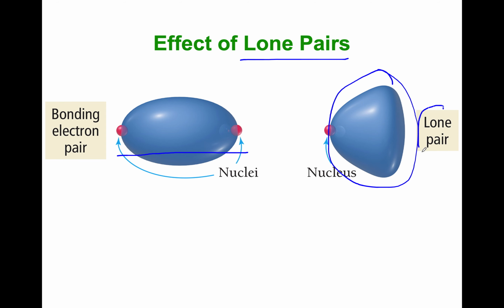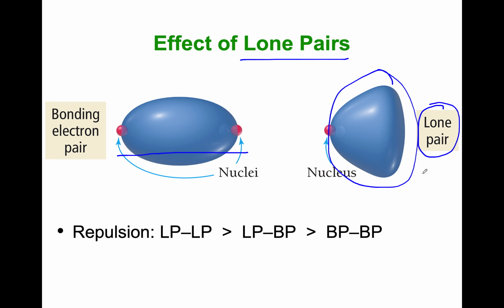So this is what we're focusing on now, what happens when we add these lone pairs to these shapes. What's the structure, and then what are the angles. So you can see repulsion: lone pair, lone pair has the greatest repulsion because they're taking up all this space, then lone pair, bonding pair, and then lastly bonding pair, bonding pair.